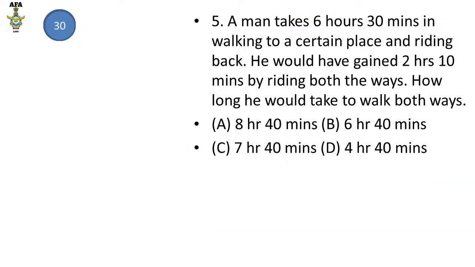Try to solve question number 5. A man takes 6 hours 30 minutes in walking to a certain place and riding back. He would have gained 2 hours 10 minutes by riding both the ways. How long he would take to walk both the ways? Your time starts now. Be very quick. What should be the correct answer?